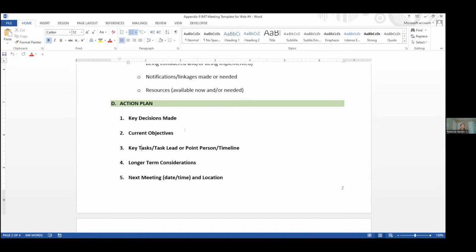How do we want to continue to work in the next, say, 6 hours or the next 2 days, depending on where you are in the incident? Figure out the key decisions, the objectives, the goals, who's assigned to different tasks, when they should get those done, and what the goal is for that. What are some things you want to keep in mind in terms of longer term considerations? And then, when is your next meeting and where?